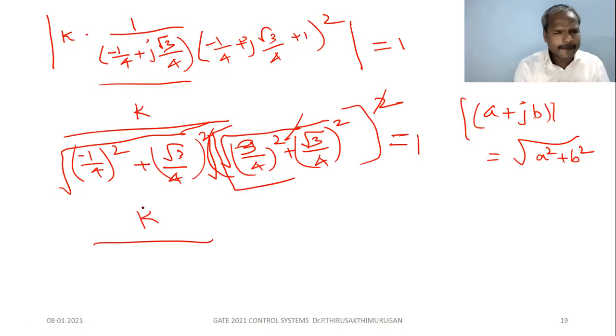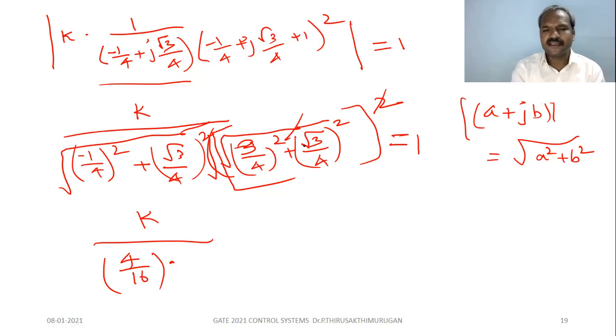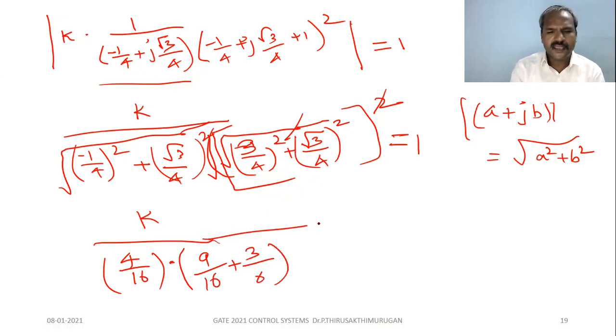Okay, remaining this, which is equal to 1. So k divided by, please simplify this. 1 by 16 plus 3 by 16 is 4 by 16, into 9 by 16 plus 3 by 16, which is 12 by 16.